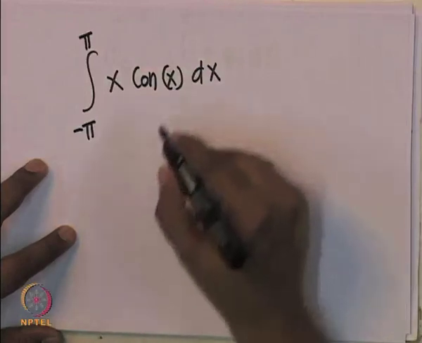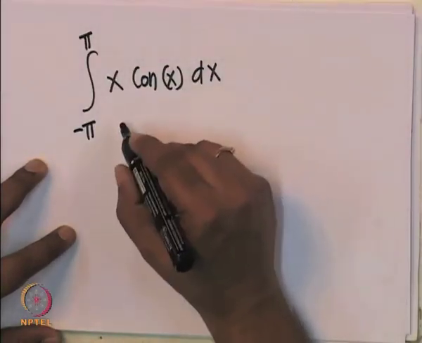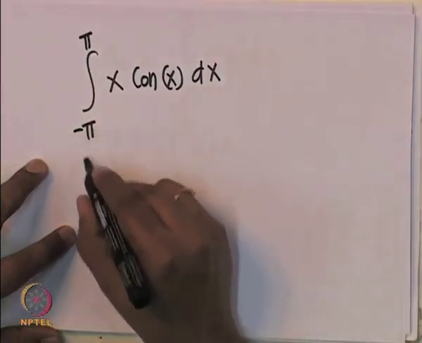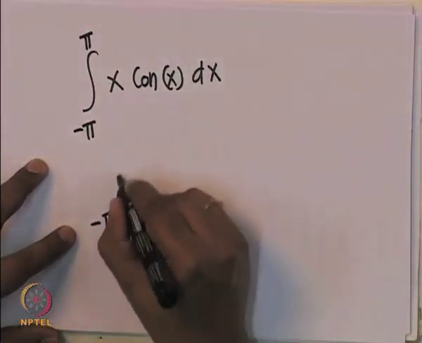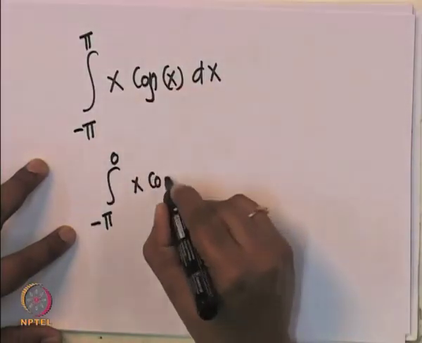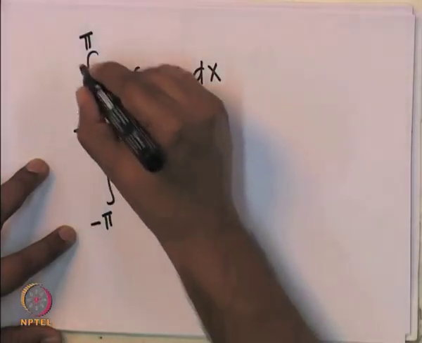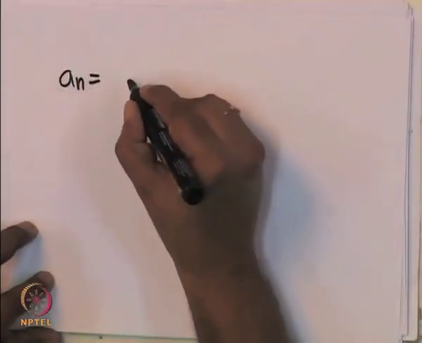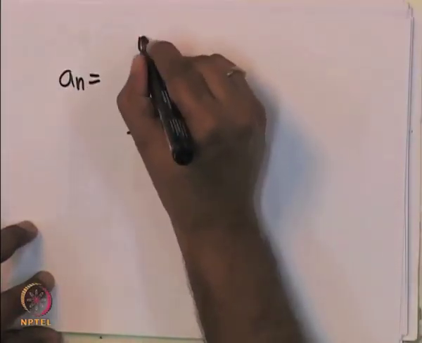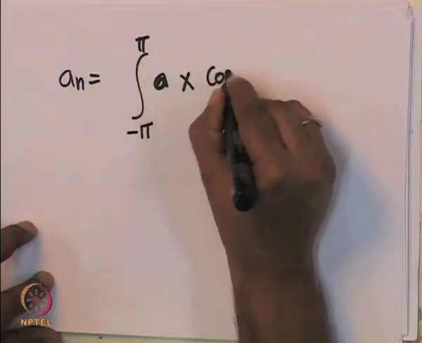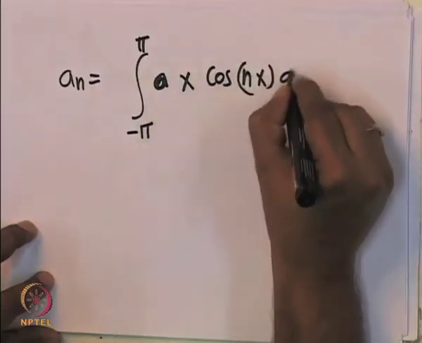Now, sorry, there is an error in this. So, what we should actually write is that a n we want to calculate is the integral from minus pi to plus pi of x cos n x dx.